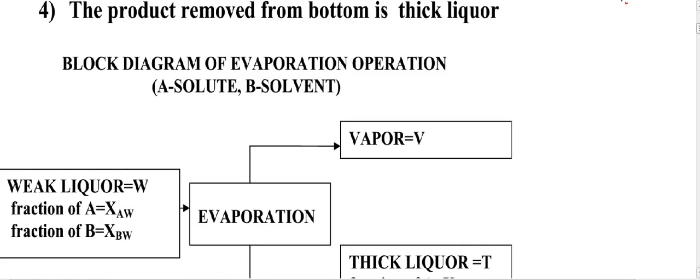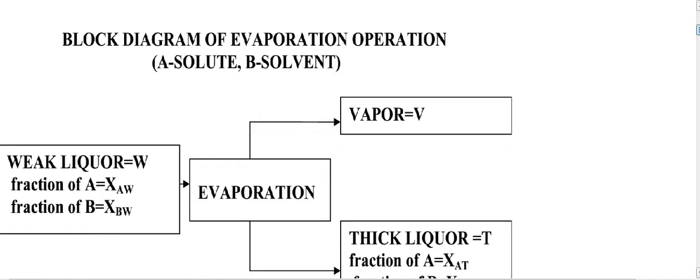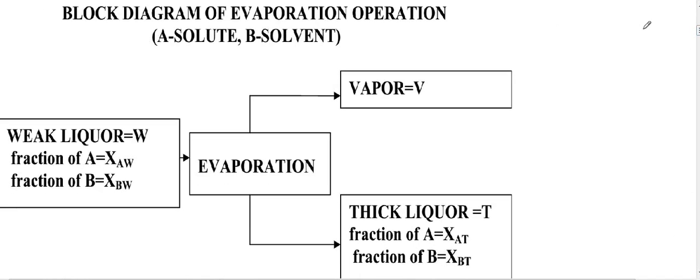Now coming to the block diagram of this operation. In this block diagram, A stands for solute, that is sugar, and B stands for solvent, that is water.